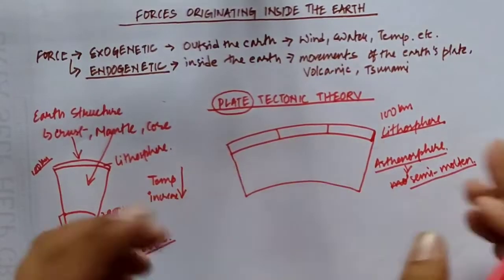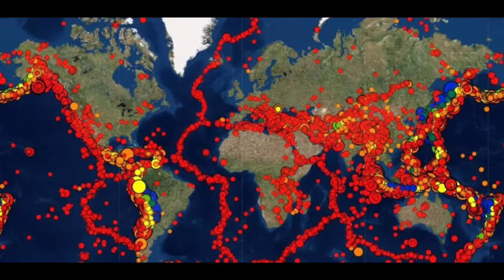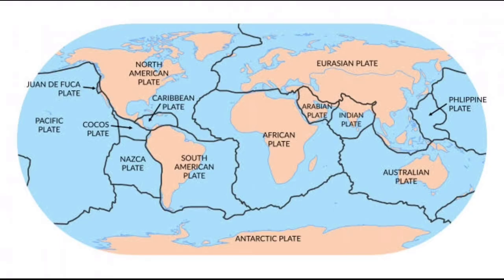Now we should know how we came to know about the plates. The volcanic activities and the earthquake activities were studied for a long period of time by seismologists, and they understood the pattern of where they are occurring on the earth's surface.